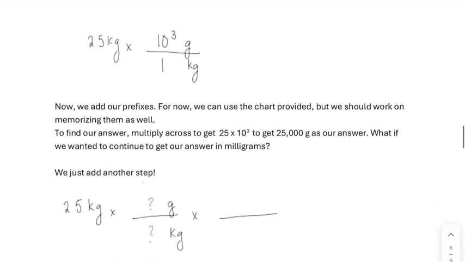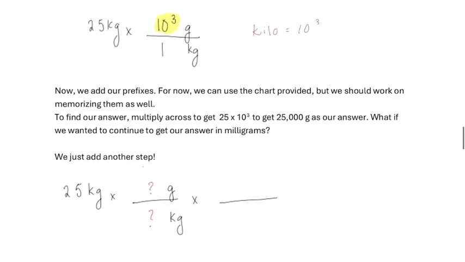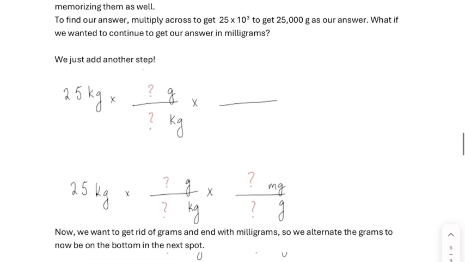However, if we want to keep going and we want to end up in milligrams, we do need to continue by adding an additional step. So noting here that we've now filled in the prefixes, which is why it's important to memorize them. So 10 to the third will be our kilograms, but we want to get to milligrams in this problem, so we keep going. So same deal here.